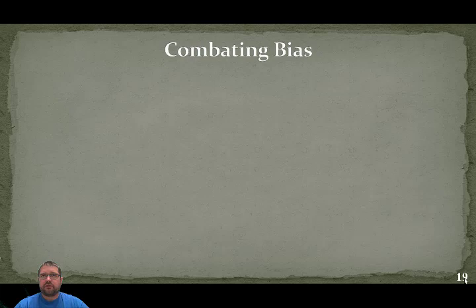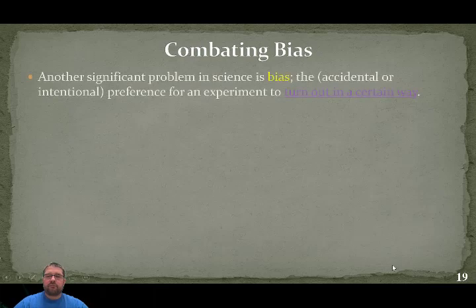Now we're not really going to shift gears, but we're still going to talk about experimental design, and we're going to talk about biases. Okay? So when we talk about biases, we need to basically understand that humans are naturally biased.